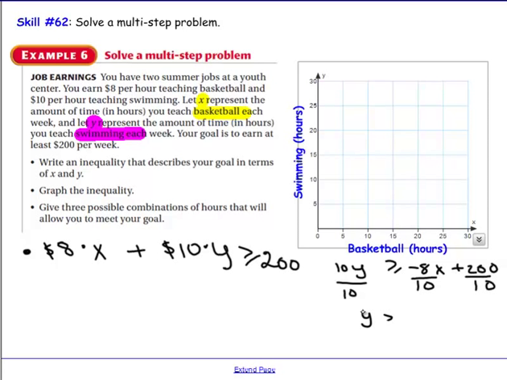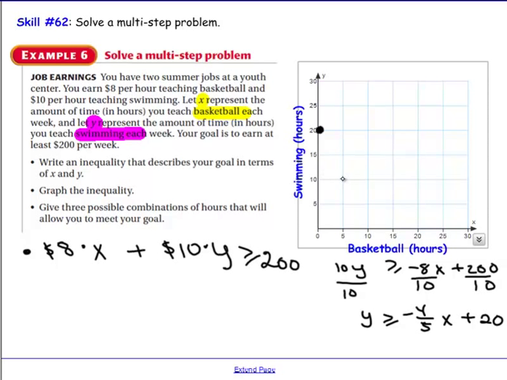So I get y is greater than or equal to negative 4 over 5 x plus 20. So my y-intercept is going to be 20. And then for the slope, it's going to be negative 4 over 5.